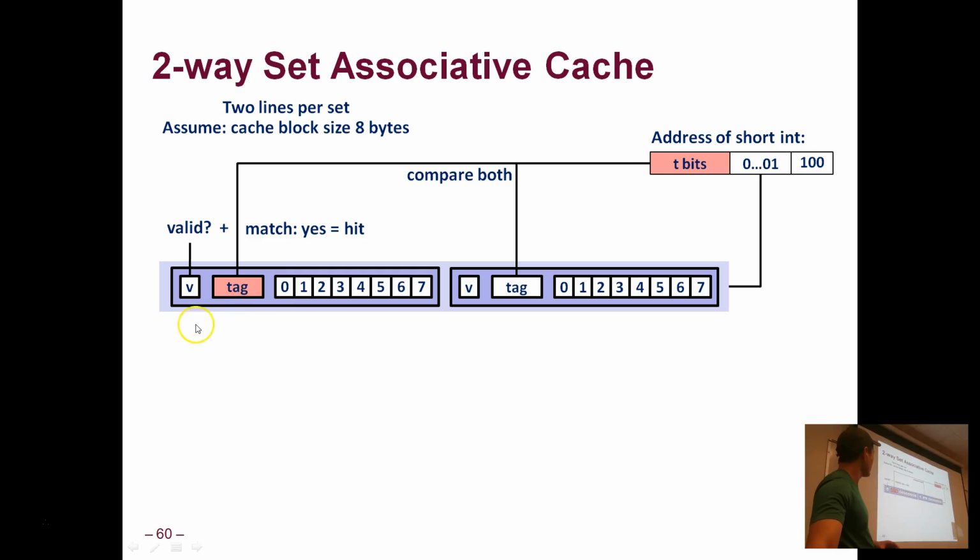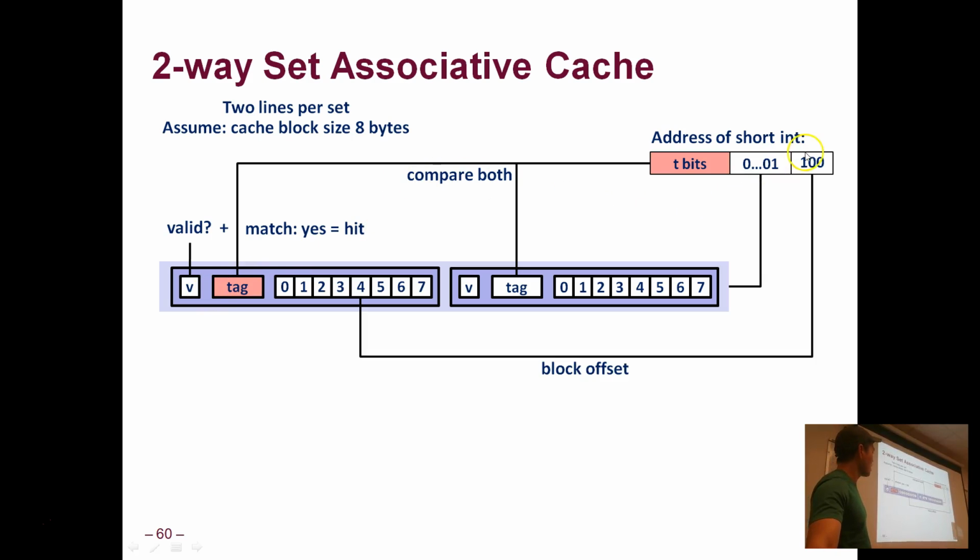And if the tag matches, which it does here, and the valid bit is 1, meaning that it was something that you had placed there before, it's not just garbage previously encoded data, then you use the block offset to figure out which byte in this block to return. And in this case, you're accessing the 4th byte, and then you return the 2 bytes that are there. So I think I said that we were accessing a short in this example.